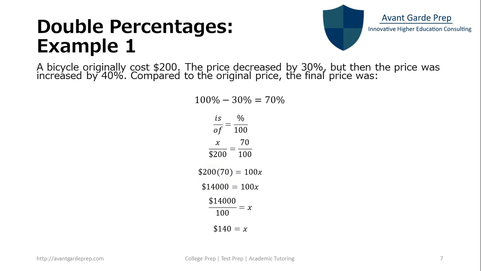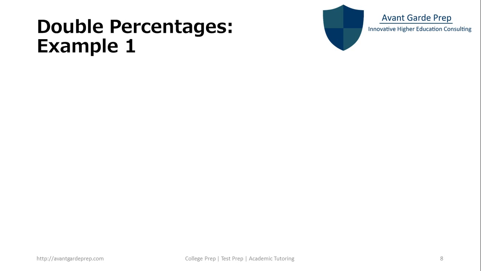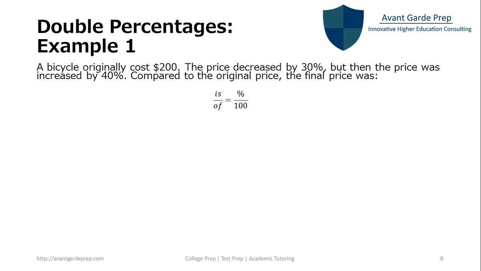We now need to increase this value by 40%. So we're going to set the problem up just like before with the is over of equals percent over 100. And in this case we know the percent and we know the of, which is $140. So we're going to be looking for the is.